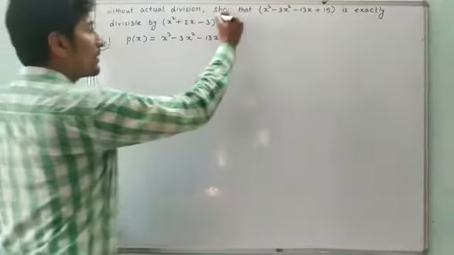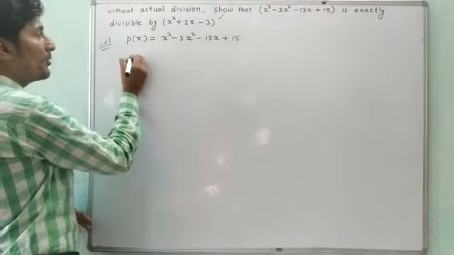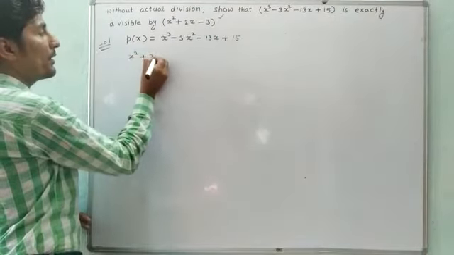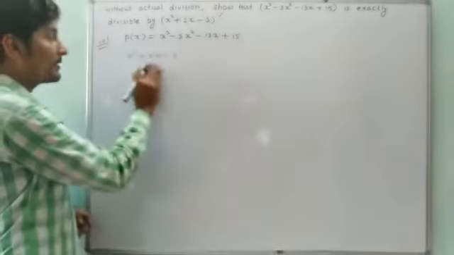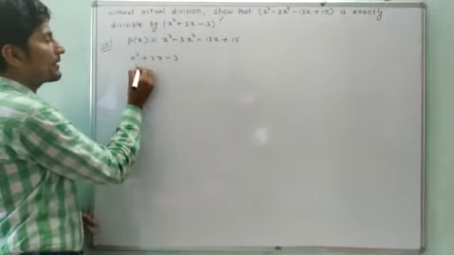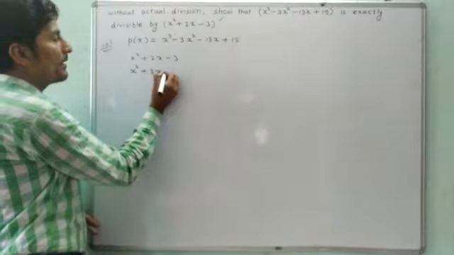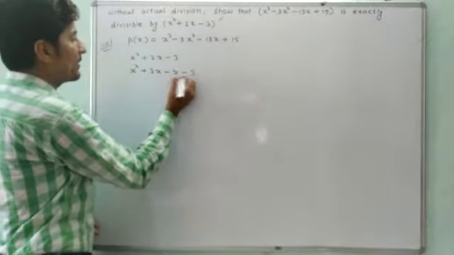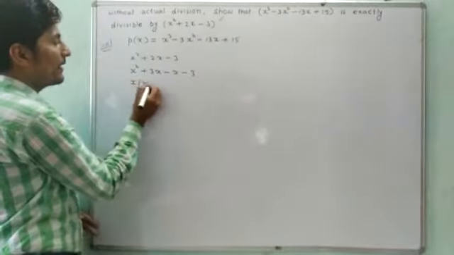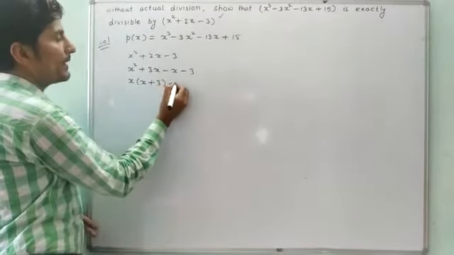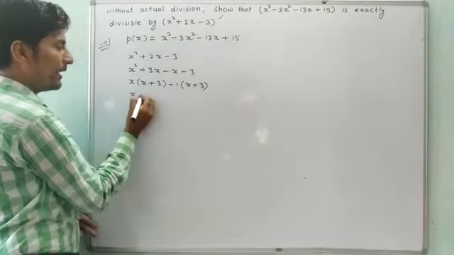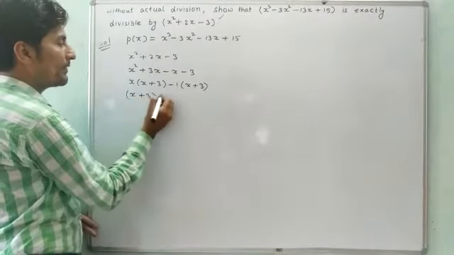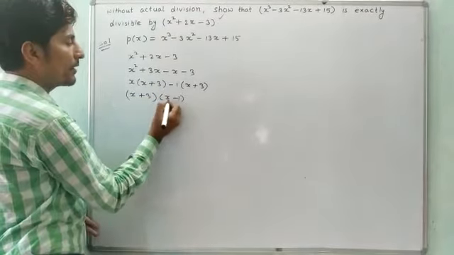For this, we will take the polynomial x squared plus 2x minus 3 and factorize it. We can write x squared plus 3x minus x minus 3. Taking common, x plus 3 and x minus 1.